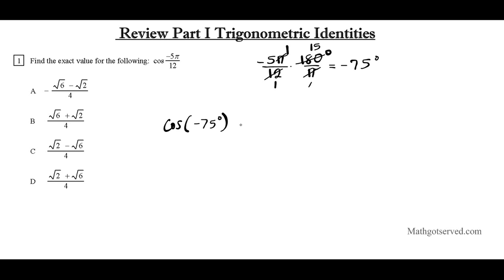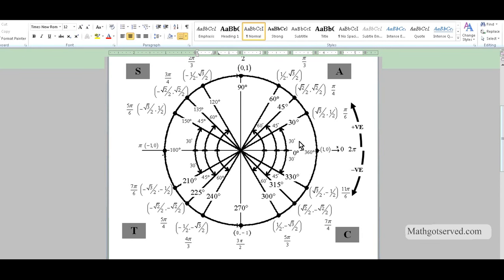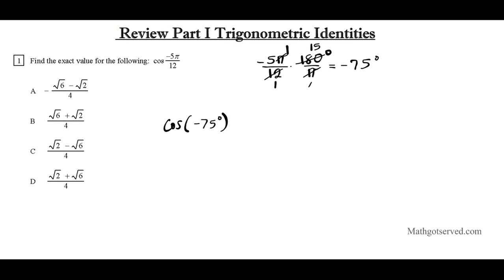Okay, so looking at our unit circle, we can see that we have 45 degrees and 120 degrees here. And those two, the difference is basically negative 75, okay? So let's go ahead and use those two angles. So this one, we're going to express it as cosine.